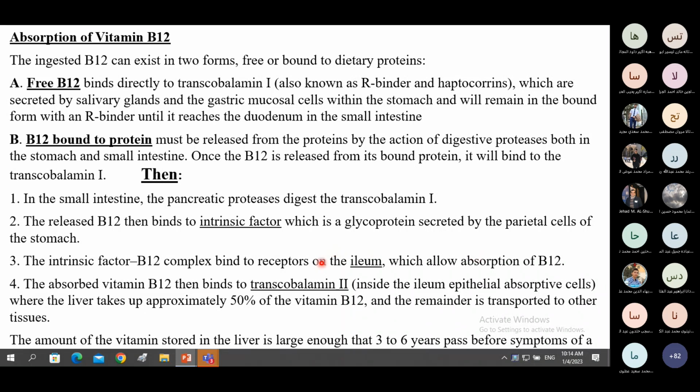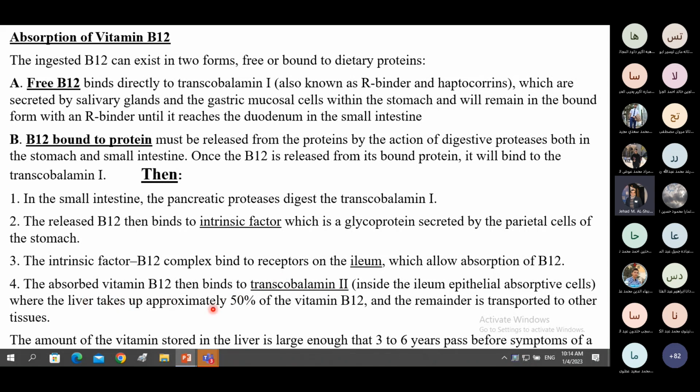Then, inside the ileum epithelial absorptive cells, B12 will bind to another transcobalamin 2. So the absorbed vitamin B12 will bind to transcobalamin 2, which will be transported to the liver.